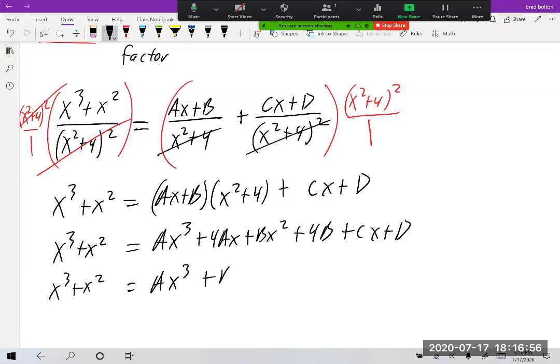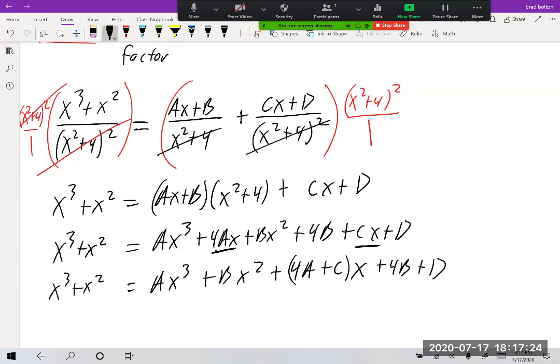The x squared term is by itself. Now there is, however, an x term here and here. So what we're going to do is say plus (4a + c) times x would give us that back, plus 4b + d.